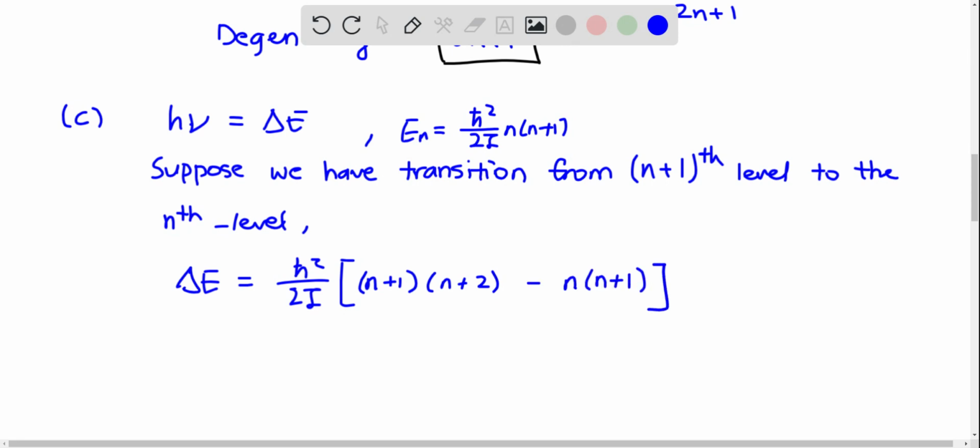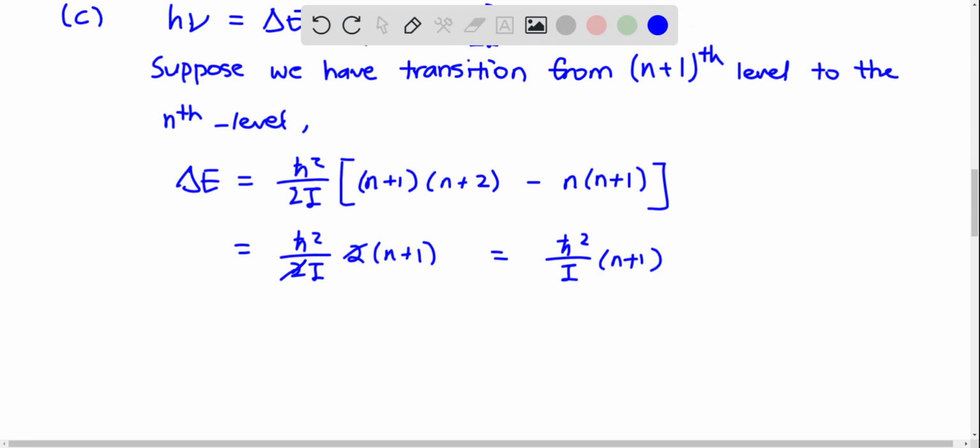So you have h bar square over 2I times 2 times n plus 1. The n plus 1 is common in the two terms, and you are left with n plus 2 minus n, which is 2. You can write this as h bar square over I times n plus 1, so the 2 cancels out.